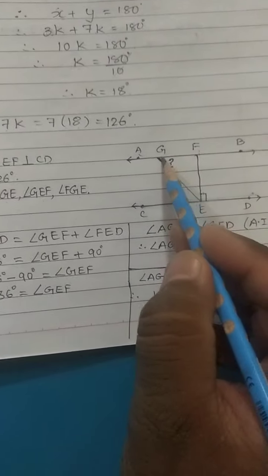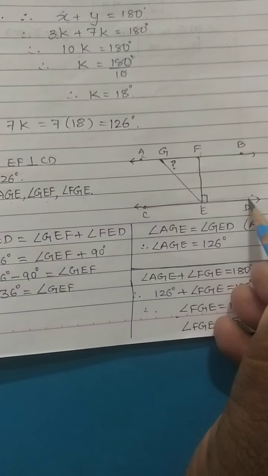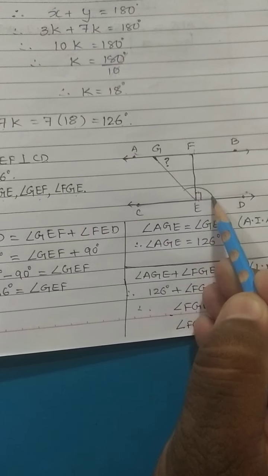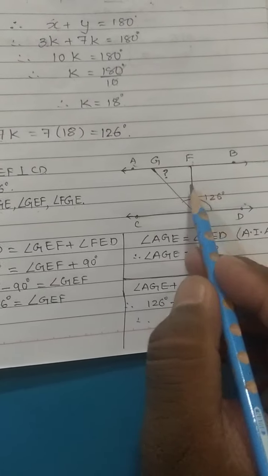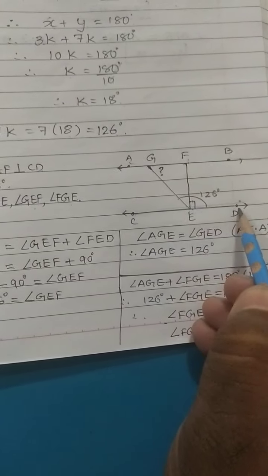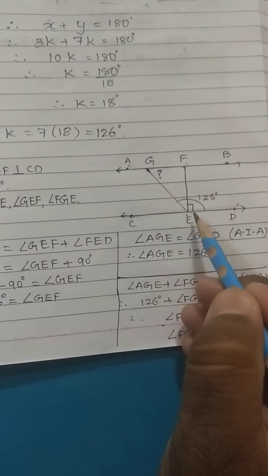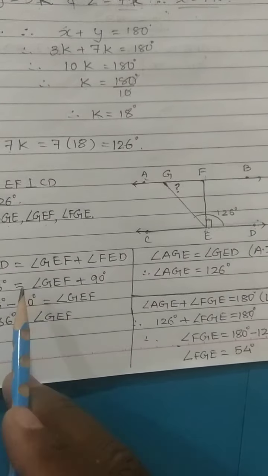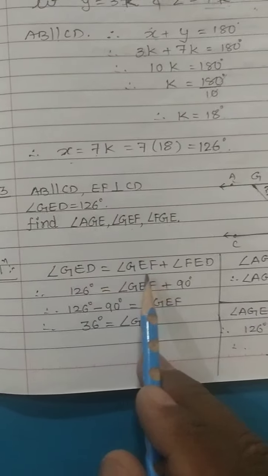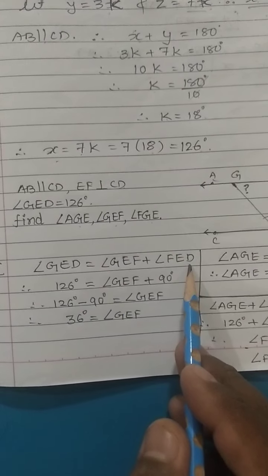See one thing. Angle GED is given to us, this angle 126 degrees whole. So can we say GED is the sum of GEF plus FED? Right? So I have written here GED is equal to GEF plus FED.